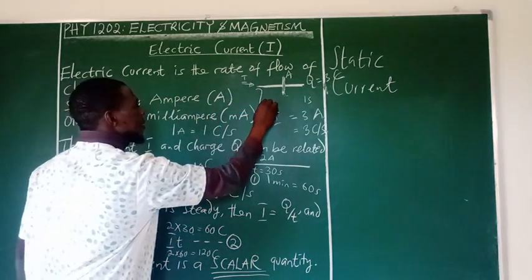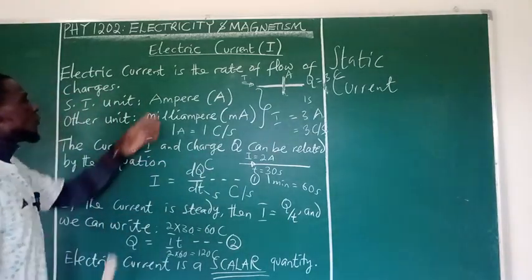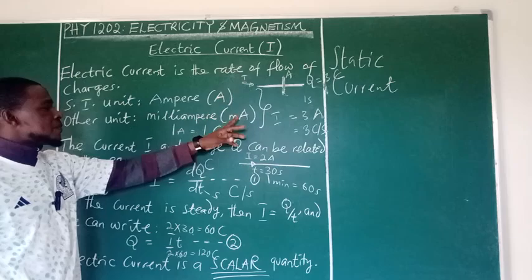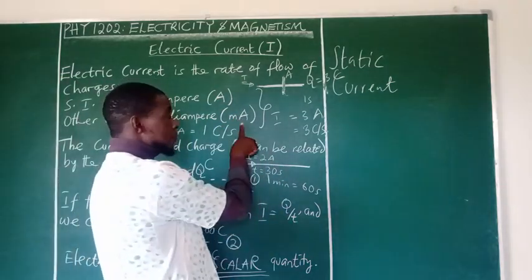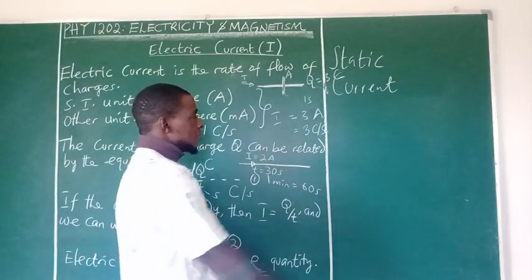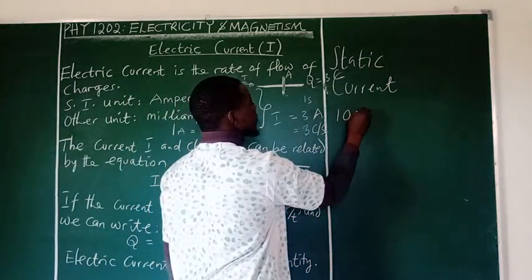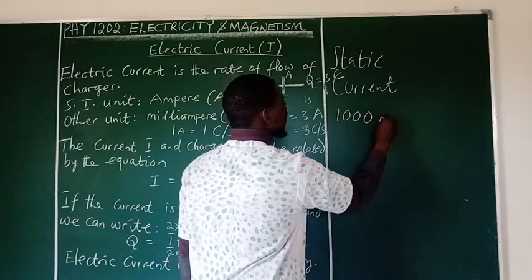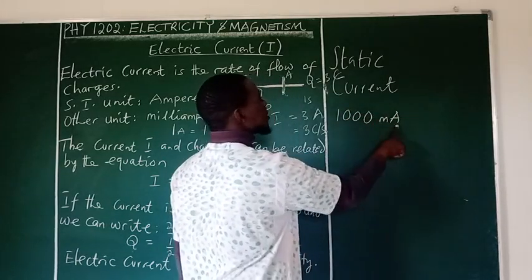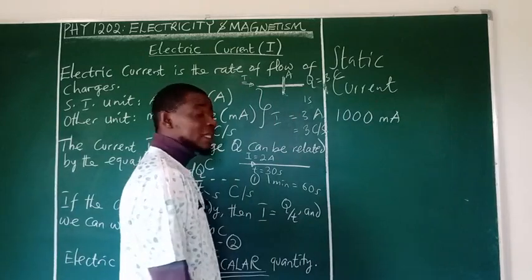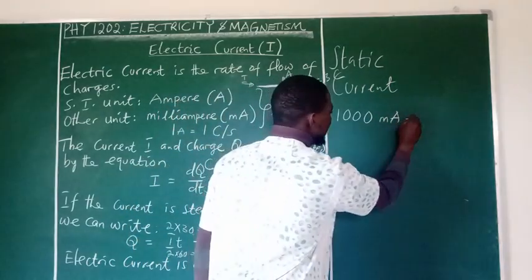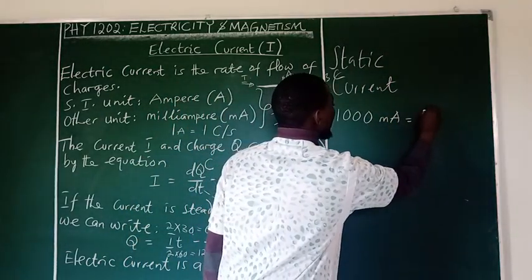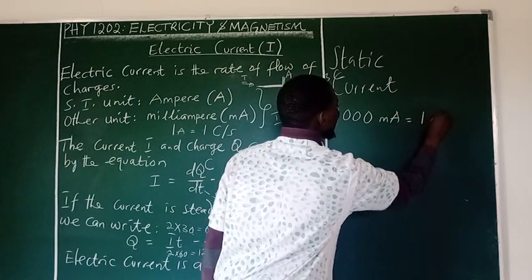Okay. You may curiously ask, what is the relationship between ampere and milliampere? I will tell you that the milliampere is a much smaller unit, so you have to have 1000 milliampere before it will be equal to 1 ampere.